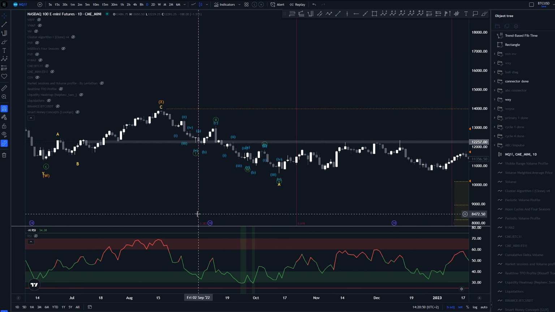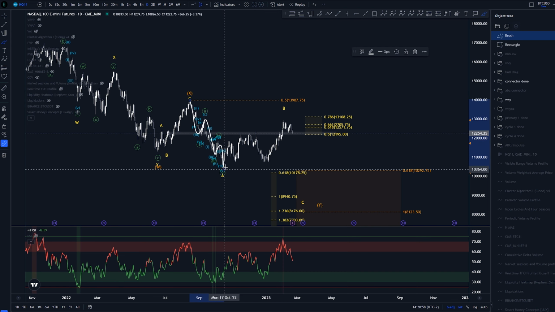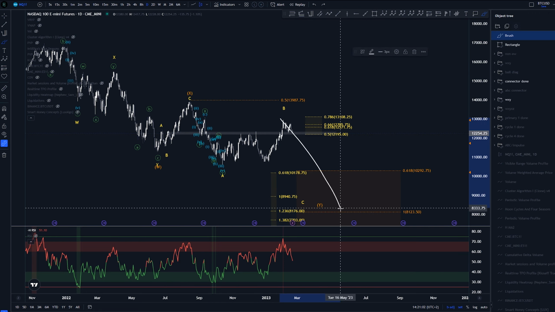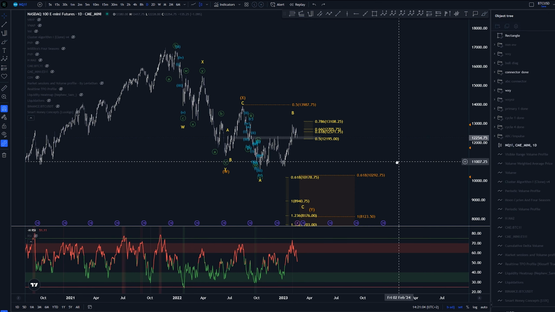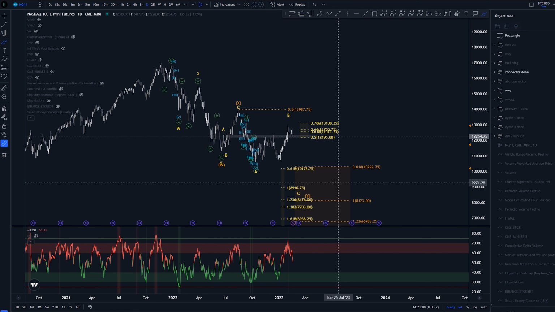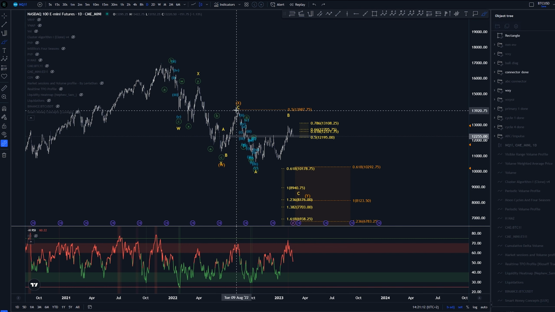This is still possible, however, nothing has been invalidated. The idea here was that we had a 5-way move coming down into wave A, and then looking for a 3-way move for B, and then another continuation to the downside. The overall idea is still the same, that we are creating a 3-way structure coming down. If we break out these highs here around 13.9k, for this scenario, we would invalidate it completely.